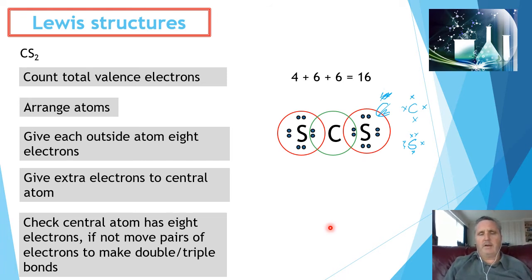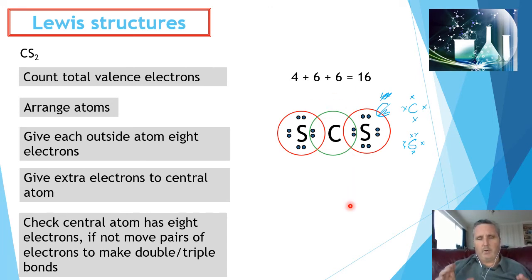We've only got 4 electrons around the carbon. This doesn't meet the requirements of a Lewis structure. A Lewis structure must have all the electrons accounted for, and each atom must have its octet around it, or 2 if you're hydrogen. So what we have to do here is we somehow have to give the carbon extra electrons without taking them away from the sulfur.